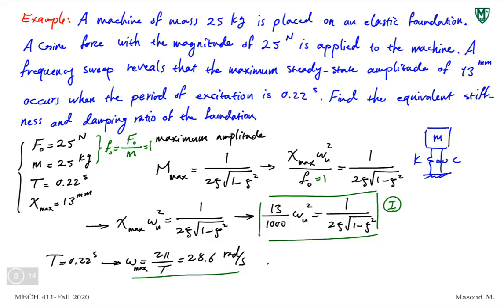So R max, which I introduced in the one before the last observation from the plots, would be omega max over omega n, which is equal to the square root of 1 minus 2 zeta squared.